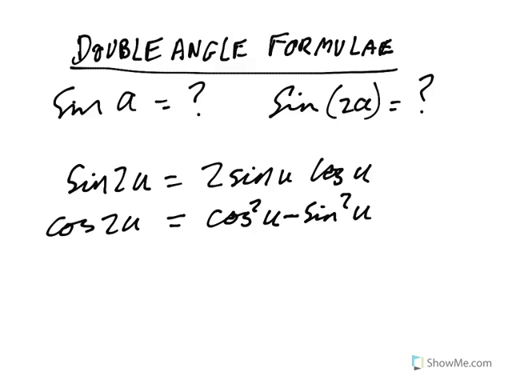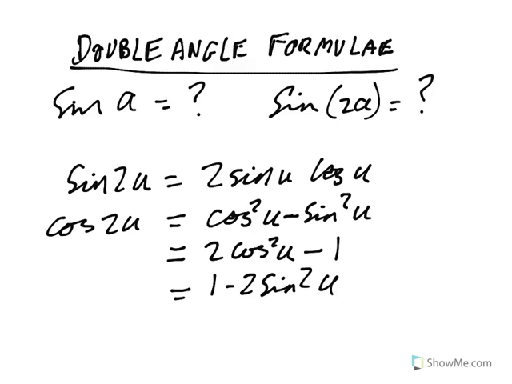But if you then incorporate the Pythagorean identity, where sine squared plus cos squared equals 1, there's two other versions. If you're substituting for sine squared, you get 2 cos squared u take 1. If you substitute for cos squared, you get 1 minus 2 sine squared u.